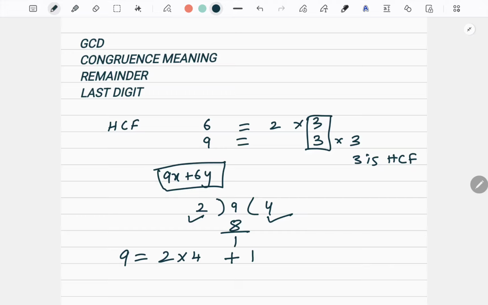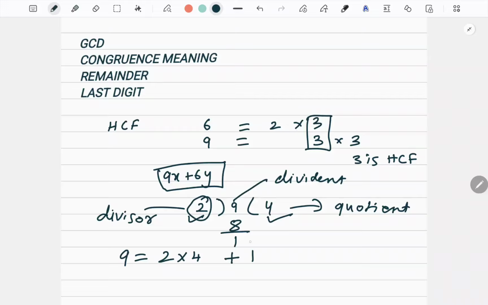What is this? This is the division algorithm. If you remember, in your class 7th or 8th, you might have learned these concepts. This 2 is called the divisor. This 9 is called the dividend. 4 is called the quotient. And 1 is called the remainder. And what is the theorem?